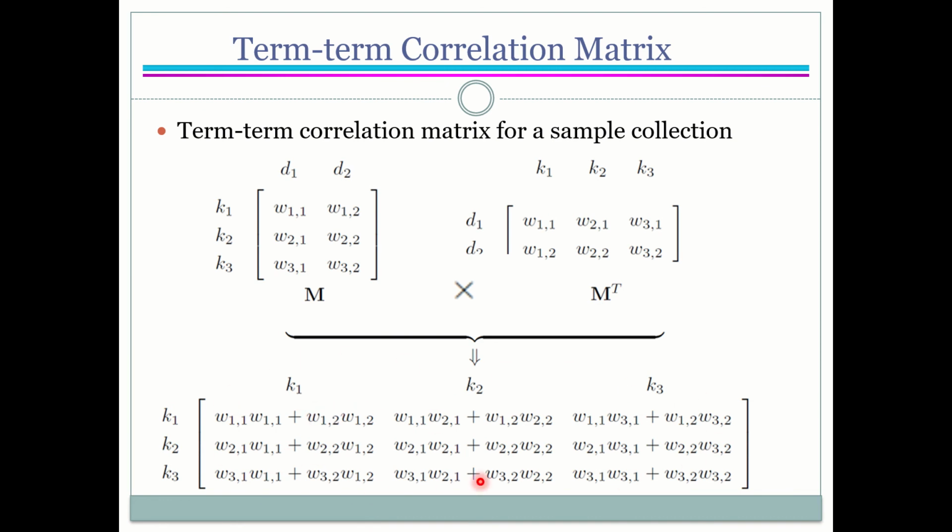We can find whichever values are high. For example, for keywords 2 and 3, if this particular value is high, we can say that keyword 2 and keyword 3 are highly correlated. So we can use these two terms to be added to the query.